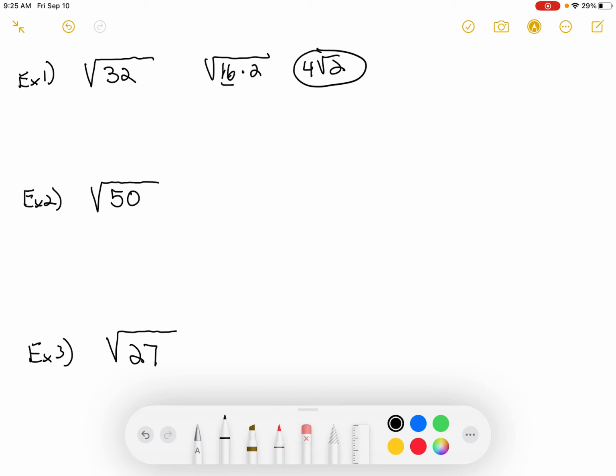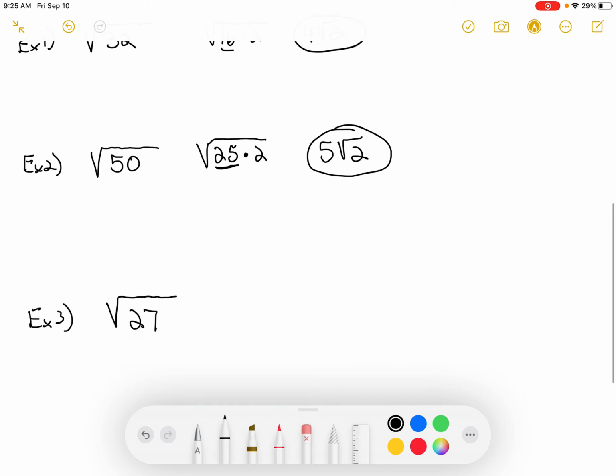Alright, square root of 50. What's the largest perfect square that will go into 50? That will be 25 times 2. Take the square root of 25, which is 5, so 5 root 2. And then the last one, the square root of 27.